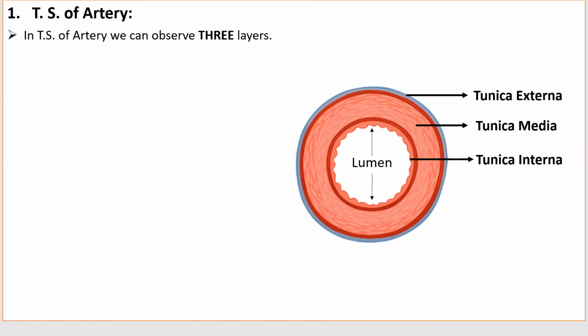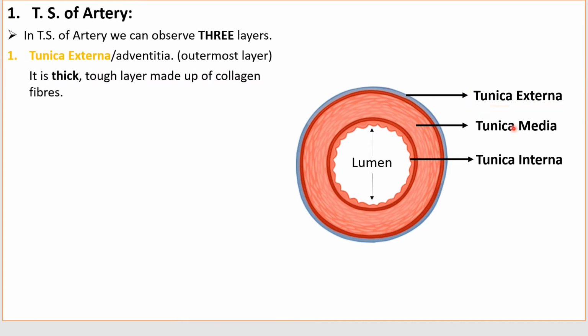Now we'll see the transverse section of artery, also called tiers of artery. In tiers of artery, we can observe three layers. The first layer is called tunica externa. It is the outermost layer.